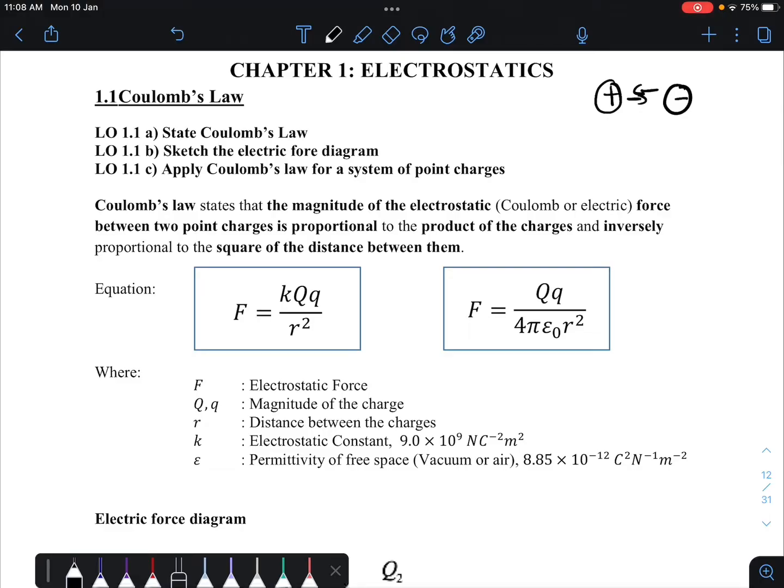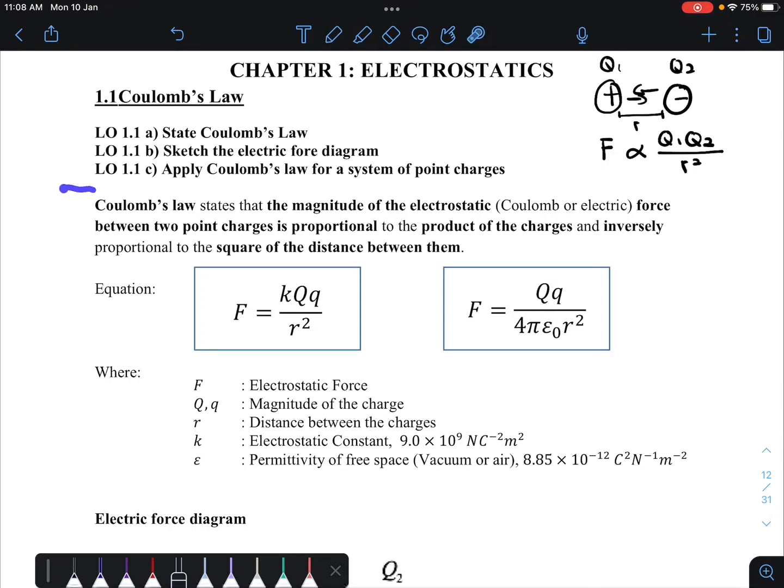So the attraction force between these 2 charges is given the symbol F here. Force is proportional to the product of the charges Q1, Q2 and inversely proportional to the square of the distance between them.